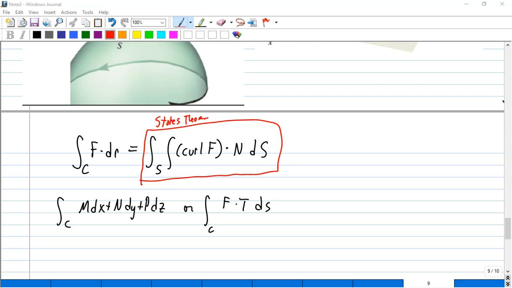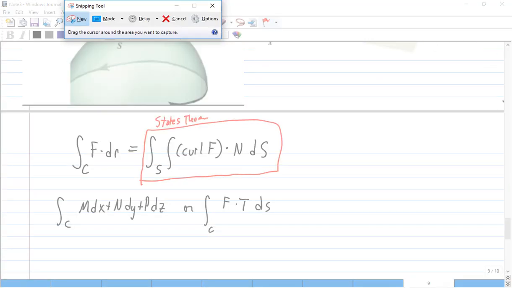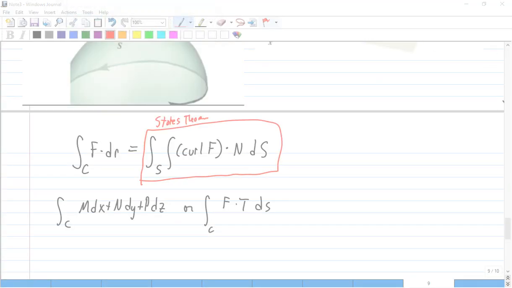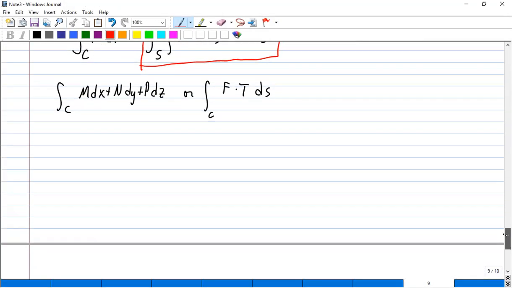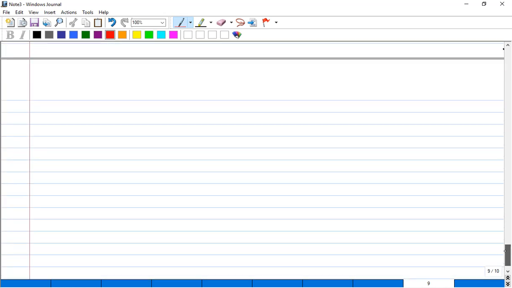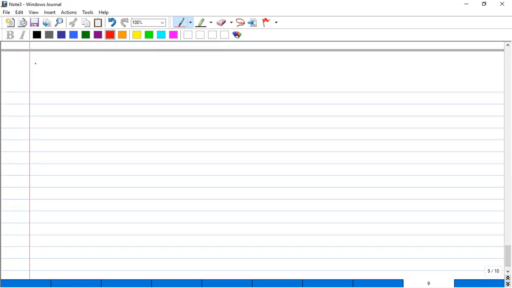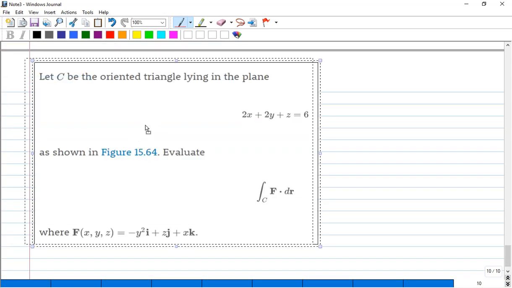So let's do this problem. I think we're using the same function that we used with the divergence theorem. Looks like we have a different force field though, or vector field.